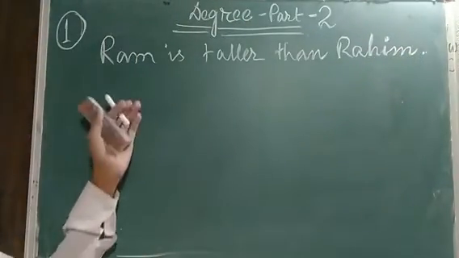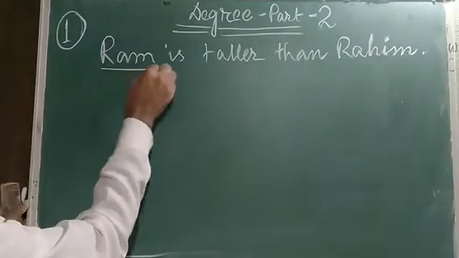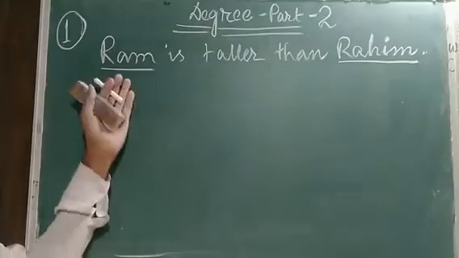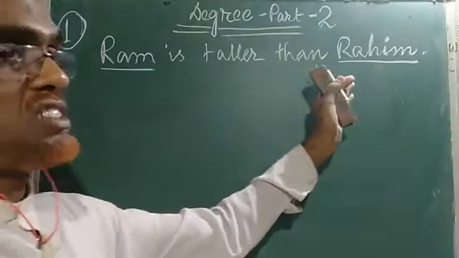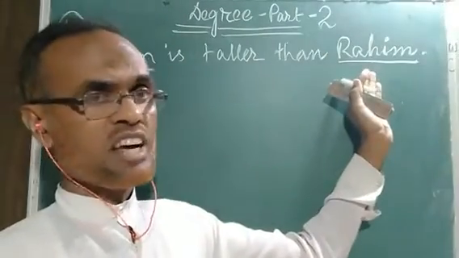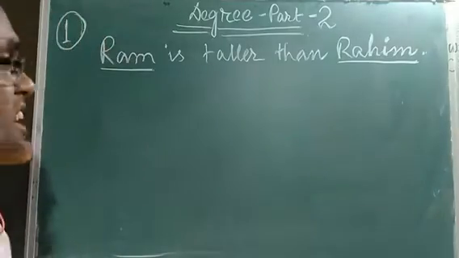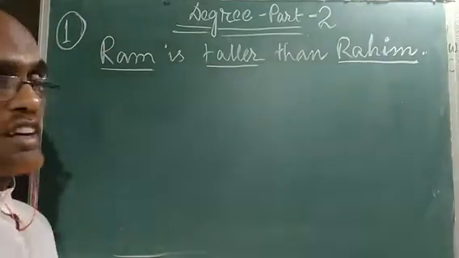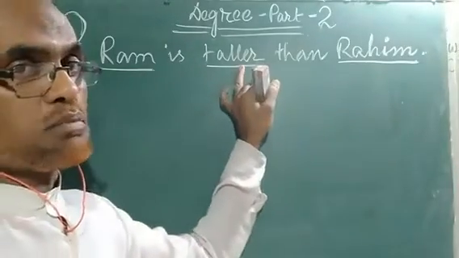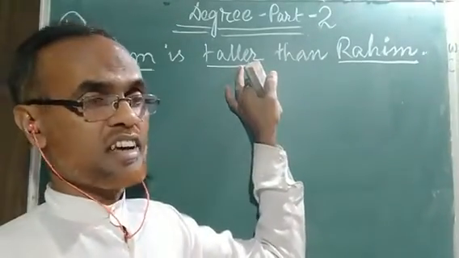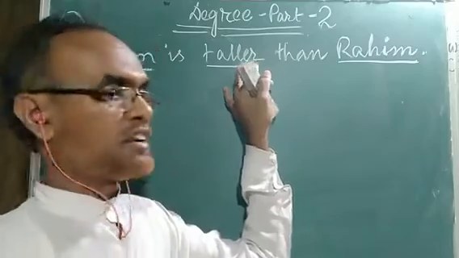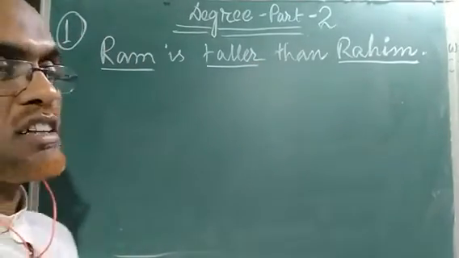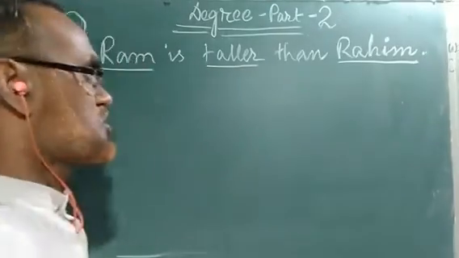Obviously, it is vivid that there are 2 nouns. One is at the first as the subject of the sentence, and one is at the last as the object of the sentence. Second thing, the adjective form here is taller. Then er is added, so from this we can see that it is a comparative degree. Now we have to make it positive degree, but the meaning should not be changed.